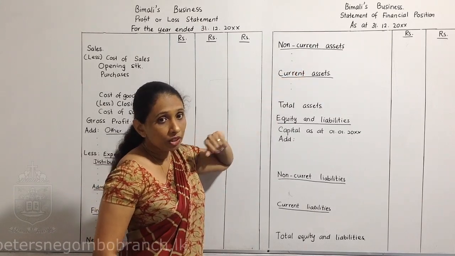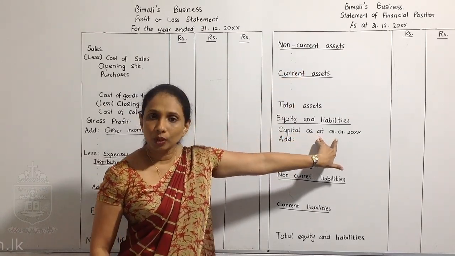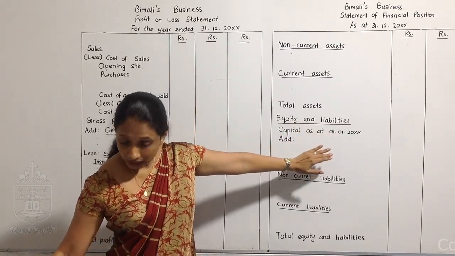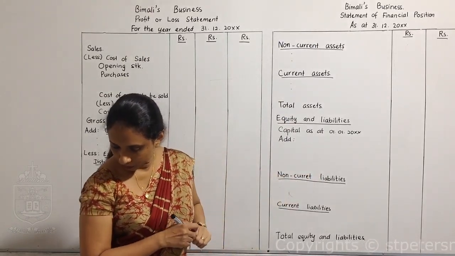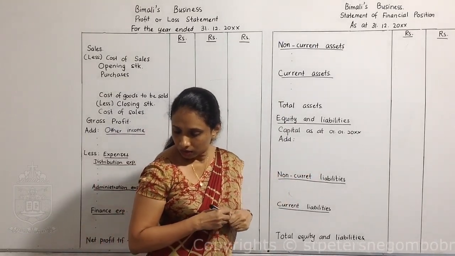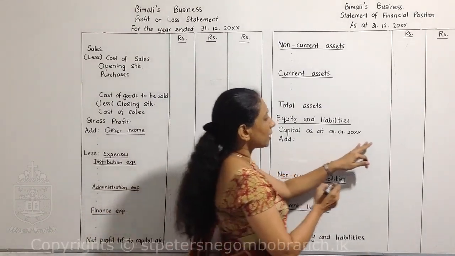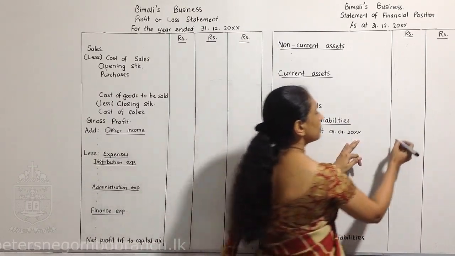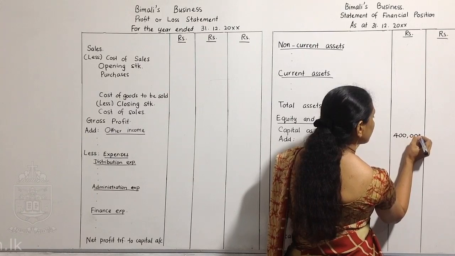So under statement of financial position, you can see there is a space to put the opening capital. So I will take the figure into that particular space. So our opening capital will be 400,000. So I will put it in the first column as 400,000 here.